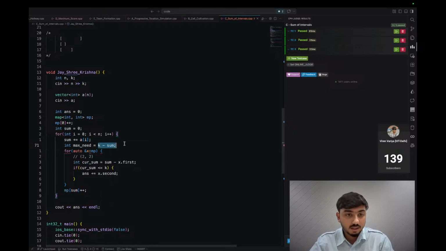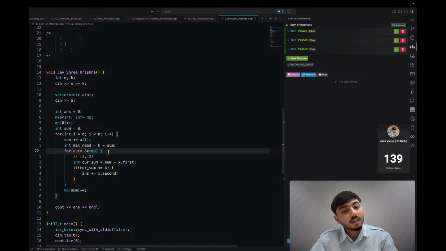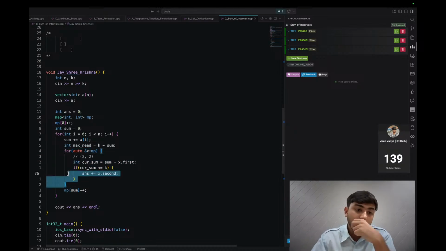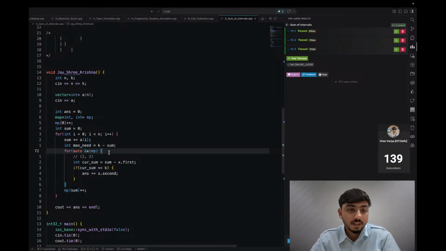This is our max need. Somehow we need to get the count of prefixes whose sum is less than or equal to max need.